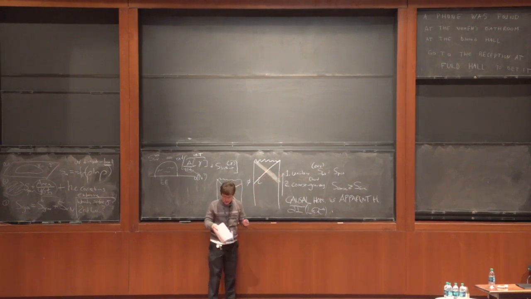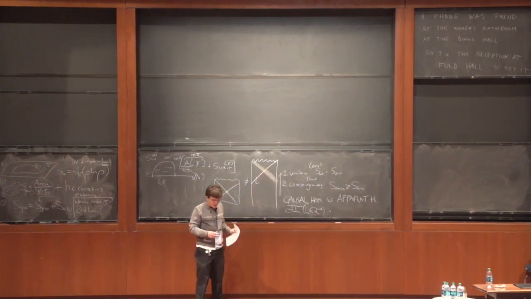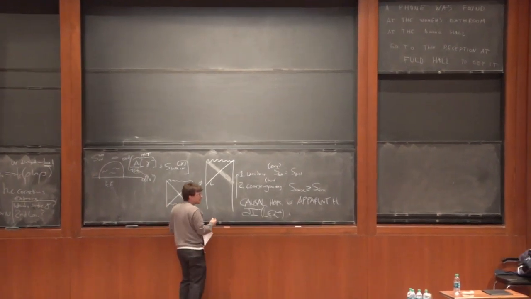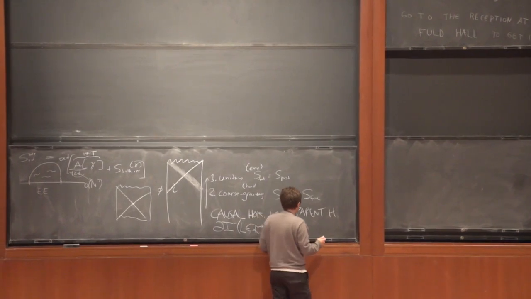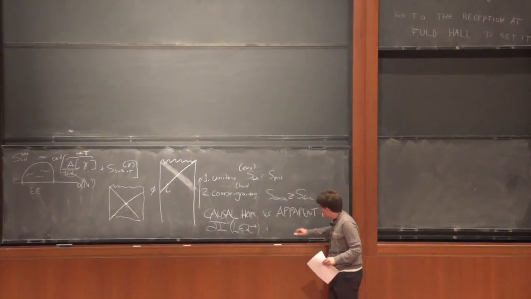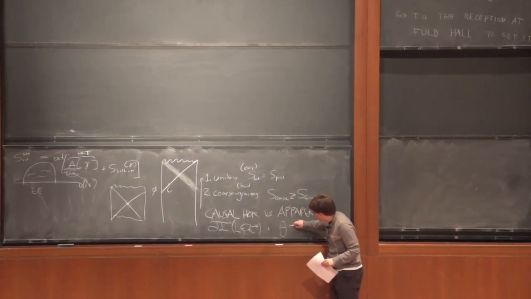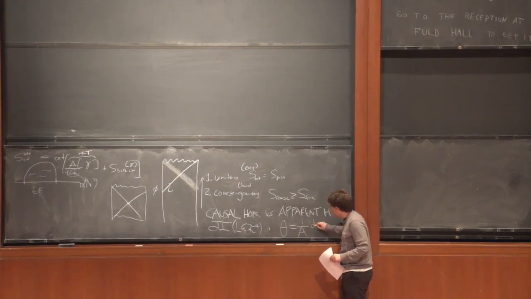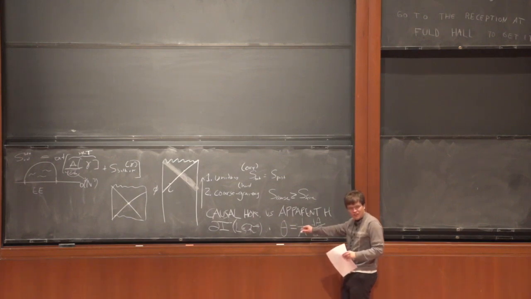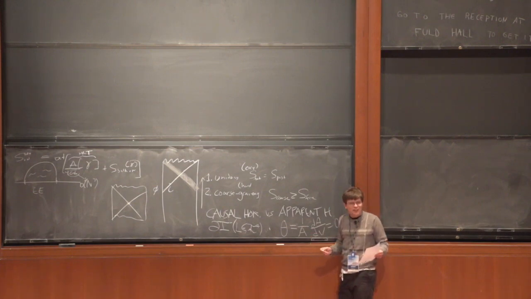The apparent horizon is defined in a different way. On a given Cauchy slice, it's defined as the outermost surface whose expansion, which is the rate of change of the area in the null direction per unit area, is 0 at all points along the surface.